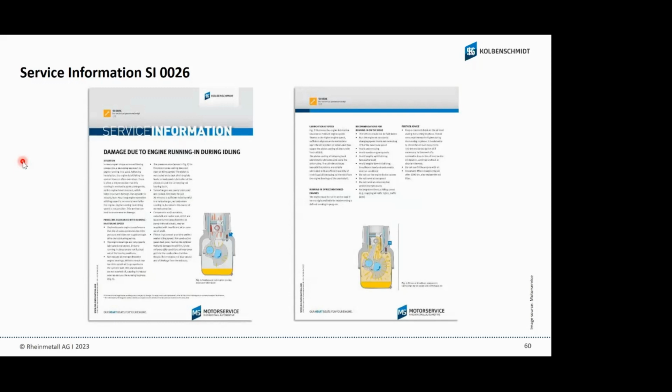And this is also what I say: print it out, give it to the customer, and tell them not to use the engine at idle speed. Bring it under load, not at maximum, but 60% of load in normal condition, as we say. And then the engine will run in perfectly, and they will not have oil consumption as soon as maybe an engine that was run at idle speed before.